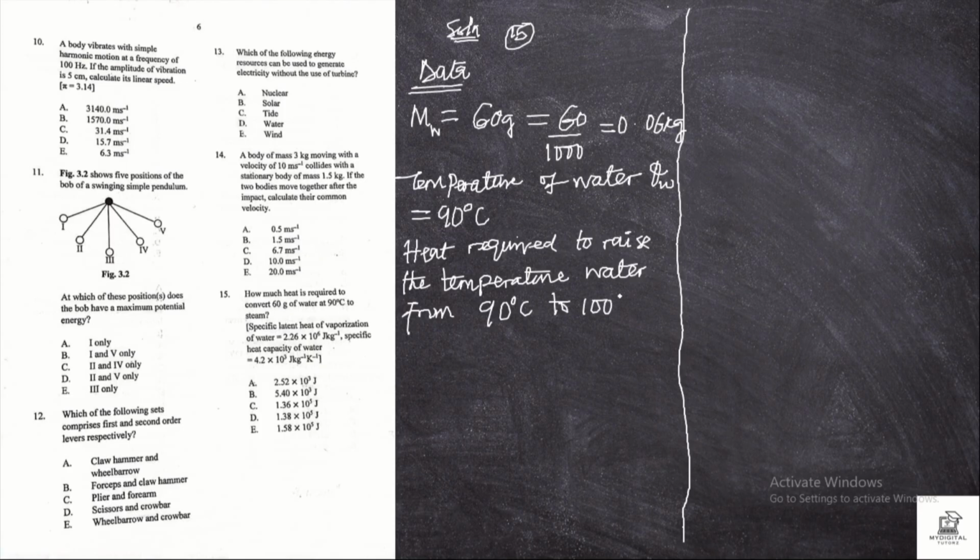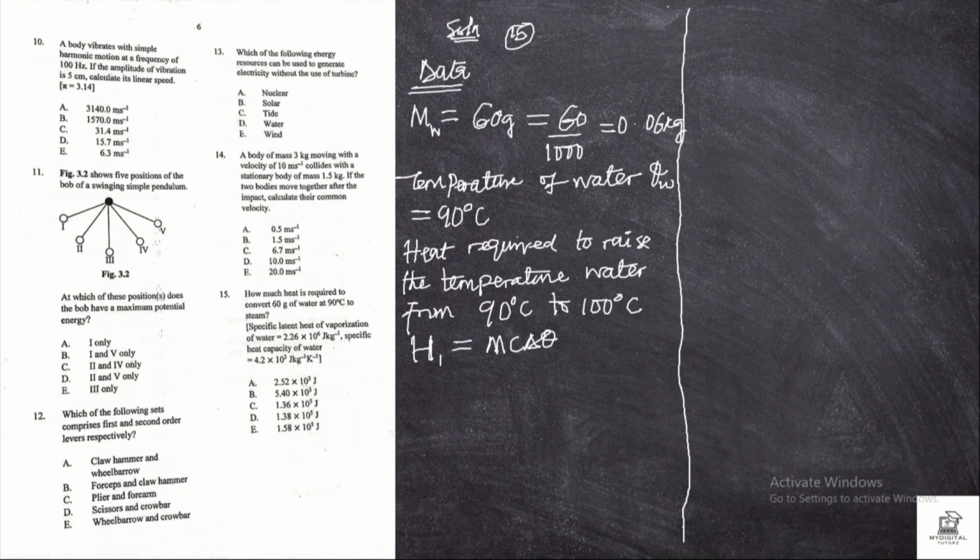You know why? Because before we can get to steam phase, the water must get to 100 degrees Celsius. Am I communicating? So therefore let that heat be H, let's call it H1. That will be MC changing theta.